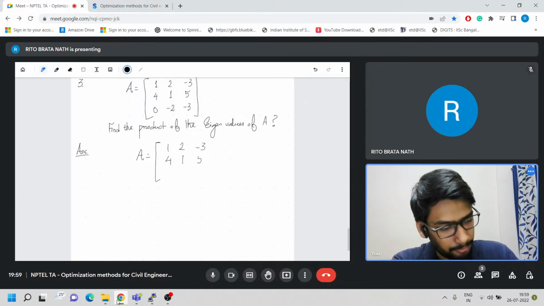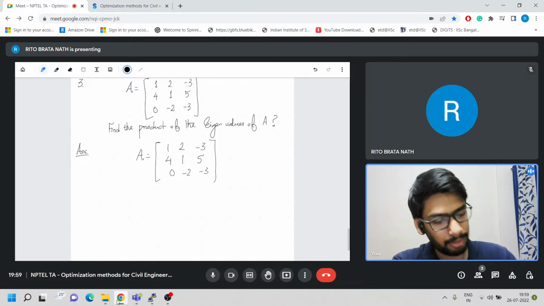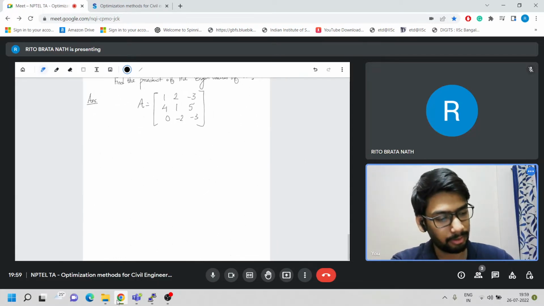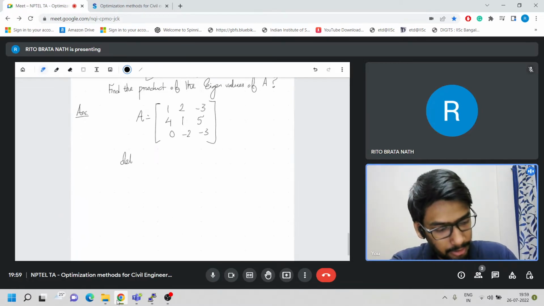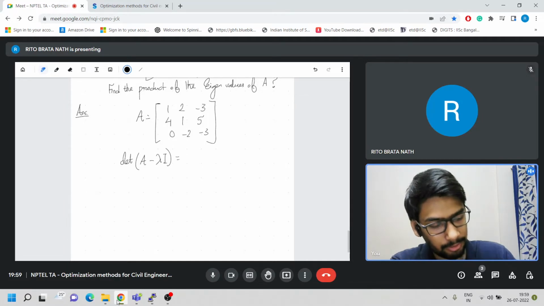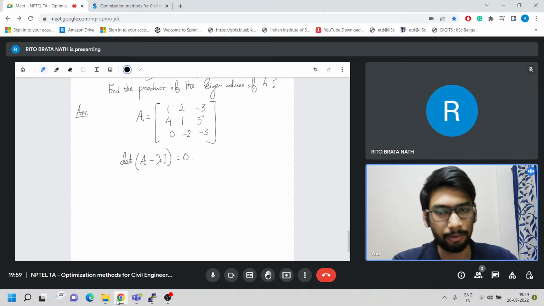So when you need to solve this kind of a problem, you have to use a determinant. So now, determinant of A minus lambda I equals 0, and if you solve for lambda for this problem, you will get the eigenvalues.